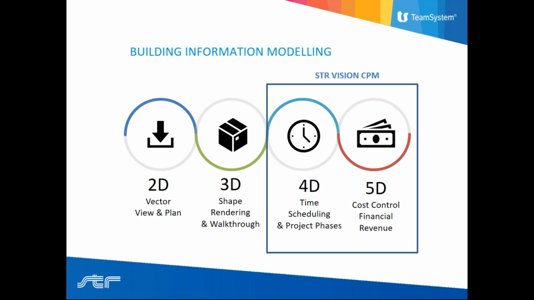Actually, our software was designed 10 years ago, and 3 years ago it was improved in order to match the building information modeling process. So you can use our software to manage price lists, do the estimation, and do the time scheduling and planning and the cost control, even if you don't have a 3D model right now.